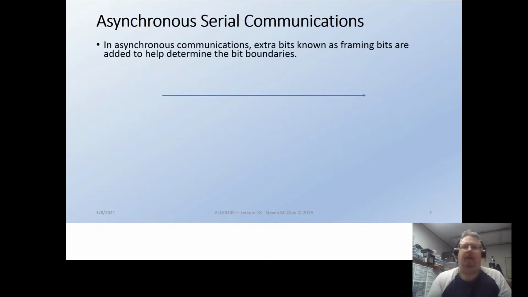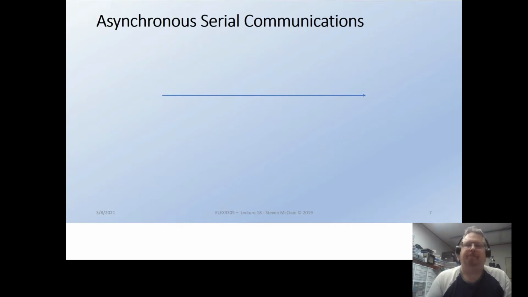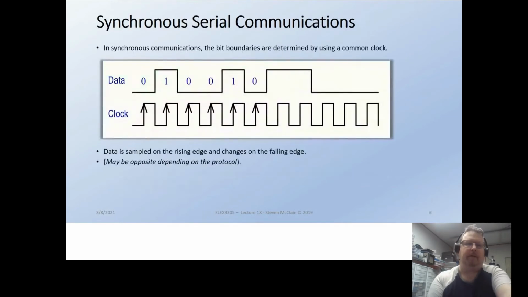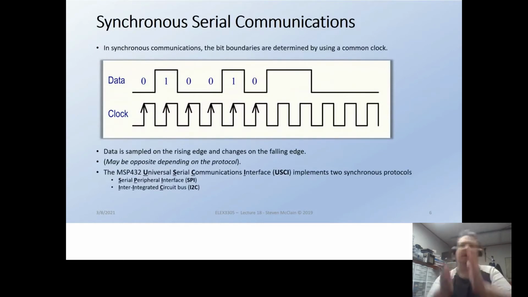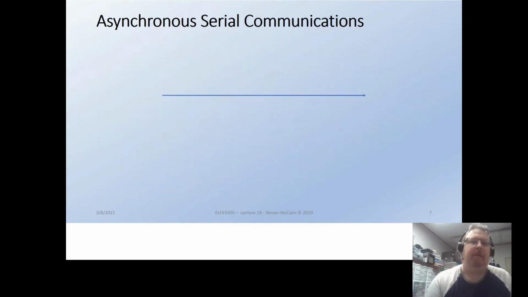Asynchronous. Well, in asynchronous serial communications, we don't have the clock anymore. Okay, we get rid of the clock. See, in the synchronous one, we have this clock on the rising edge every time, so it's all in lockstep. Everybody knows when to sample, and everybody knows when to change, and it's all good. What purpose does the clock serve?